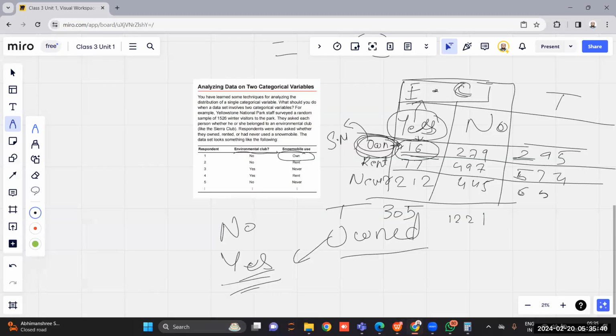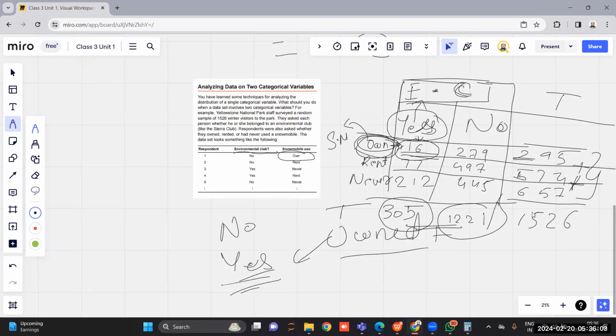The magic that you'll see is that when you add these two quantities, and add these three quantities also, the total will be the same. That's 1526.